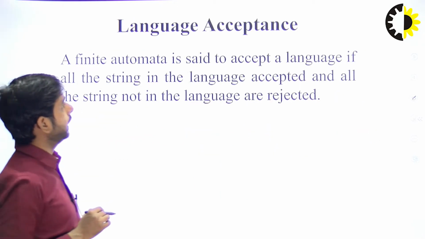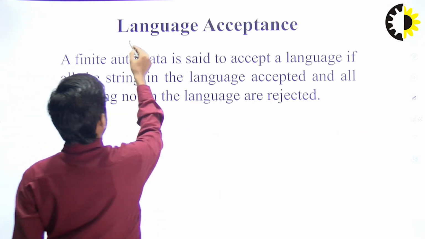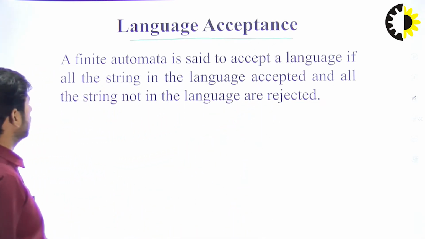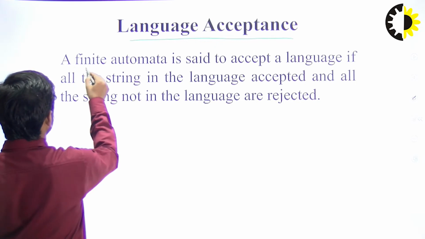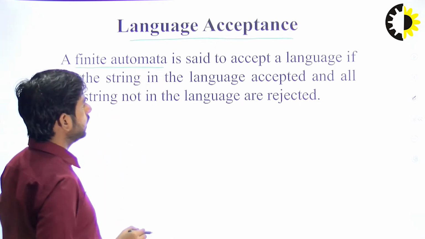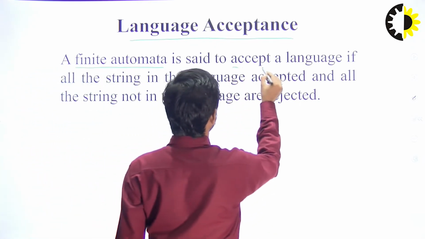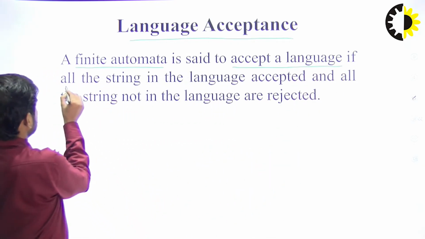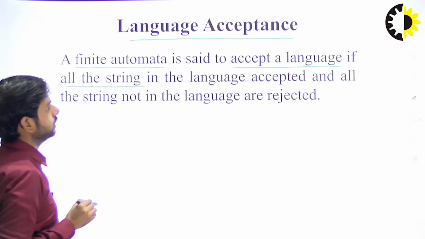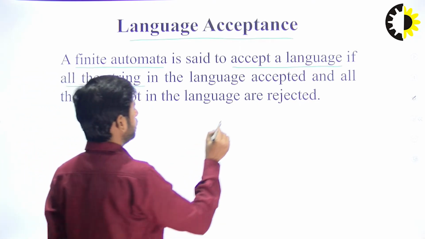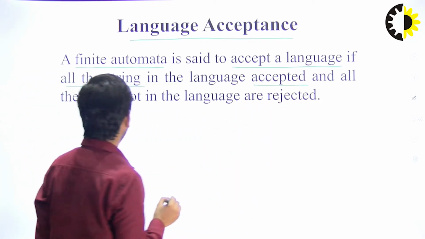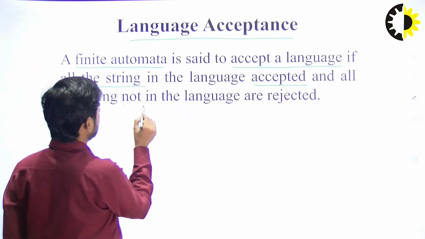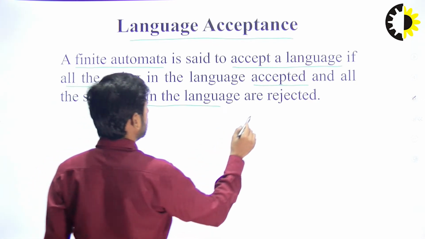Next is the language acceptance. So what do we mean by language acceptance? A finite automata is said to accept a language if all the strings in the language are accepted and all the strings not in the language are rejected.